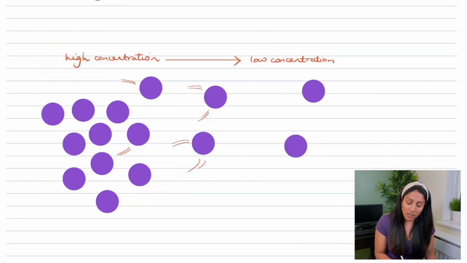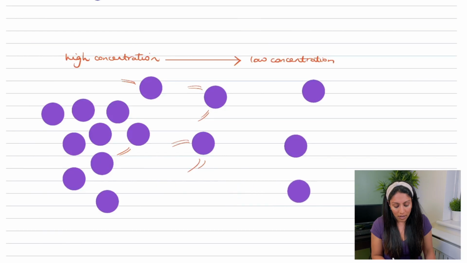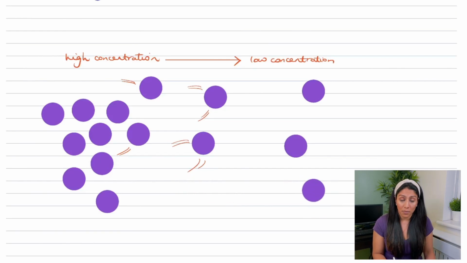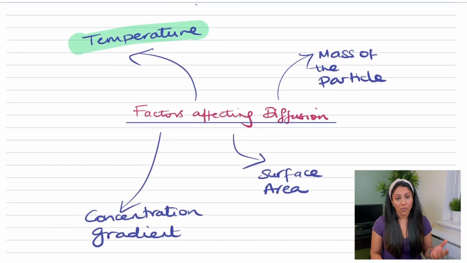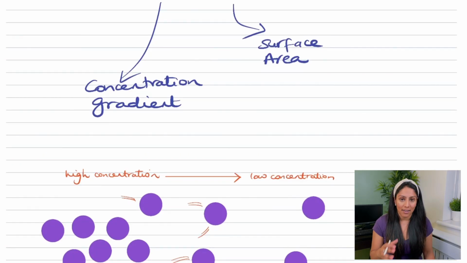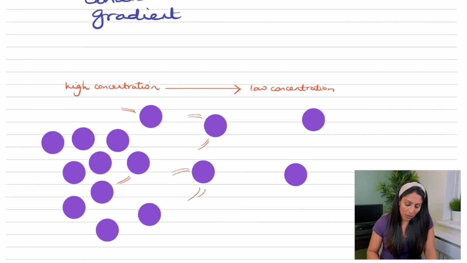What that causes is the particles to move to a lower concentration because of diffusion at a faster rate, because all of these particles are moving more. The way you would phrase that in a GCSE exam is: increasing the temperature will increase the amount of kinetic energy, which will mean it will increase the rate, which is the speed of diffusion, so the speed at which it happens.